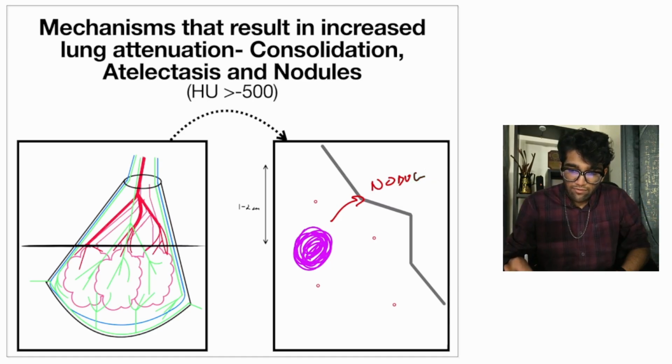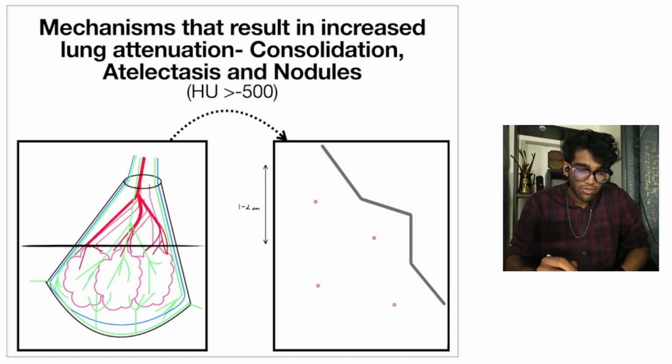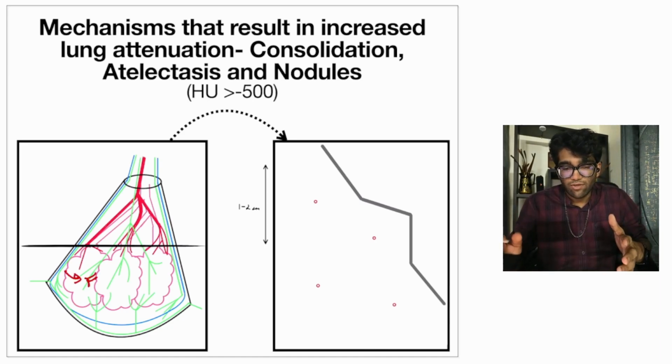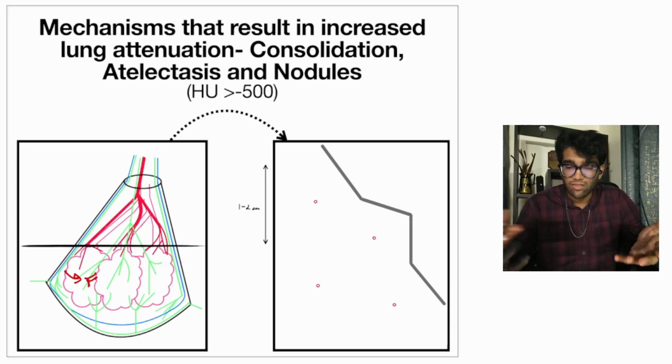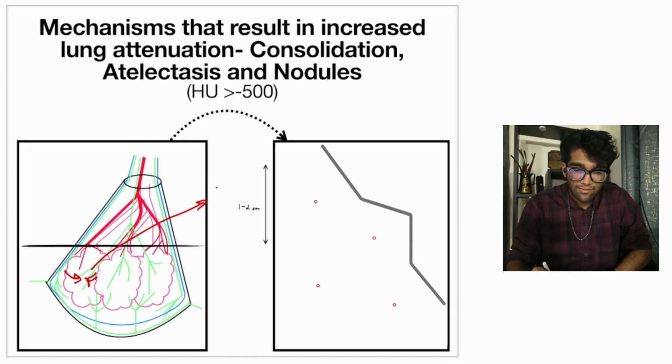On the other hand, we could also have consolidation because these alveoli have essentially collapsed in on themselves. There is no extra tissue within the alveoli, but the air within the alveoli is no longer there. Because the alveoli have collapsed in on themselves, the tissue density has increased, but there is no extra tissue there, so the total volume has decreased. So there will be essentially a loss of volume, and that we call an atelectasis.